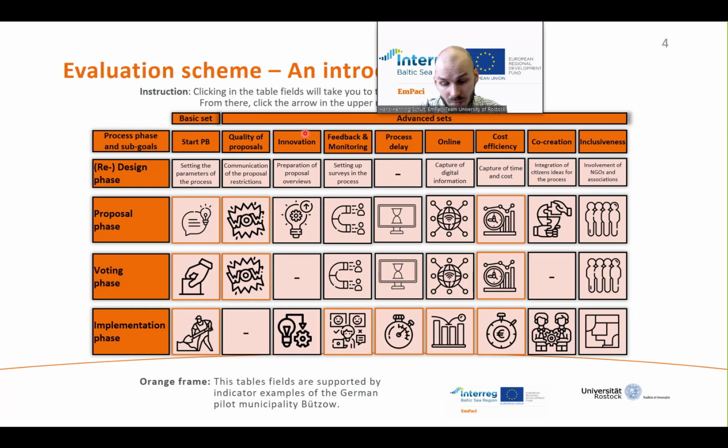Or maybe the other case, they see a proposal from a citizen and know, yeah, that's something we were already aware of, and that will be something we work on, or already started to work on. And so therefore it's nothing new for the administration. So really track these innovation rates, so to say. Another sub-goal could be the feedback and the monitoring, what citizens think about the PB process.